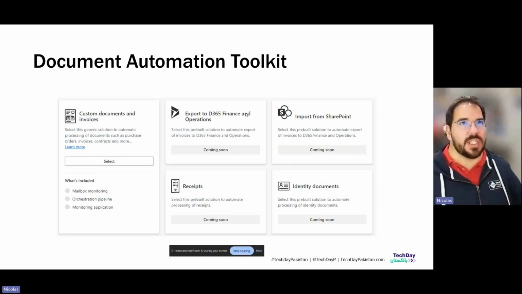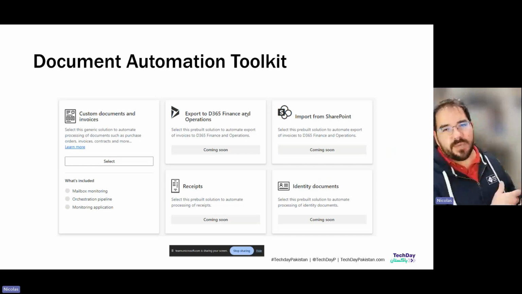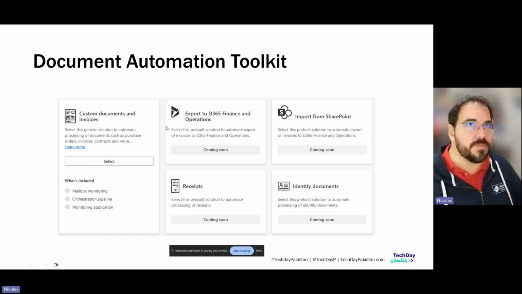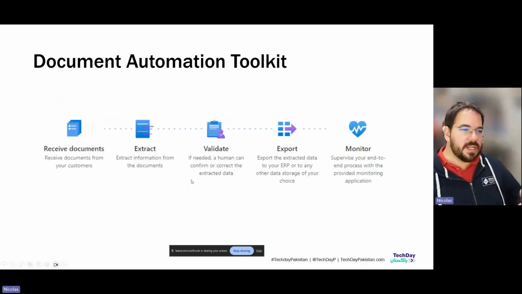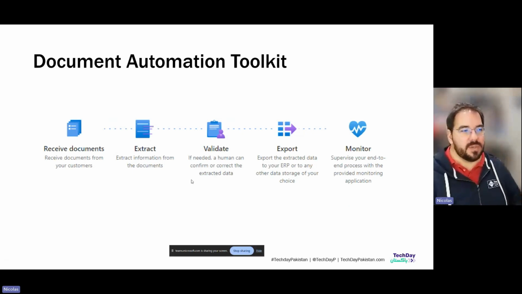Basically, right now, as I mentioned before, the solution itself starts with an email processing or email extraction flow. So it works on Outlook, right? That's your trigger point. Of course, as I say, you can change that as you will. It's a really high-level process for what Microsoft is proposing here with the document automation toolkit.